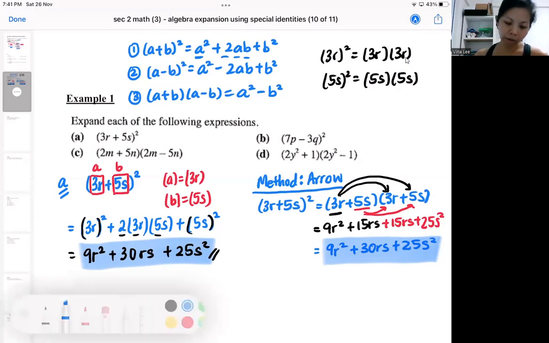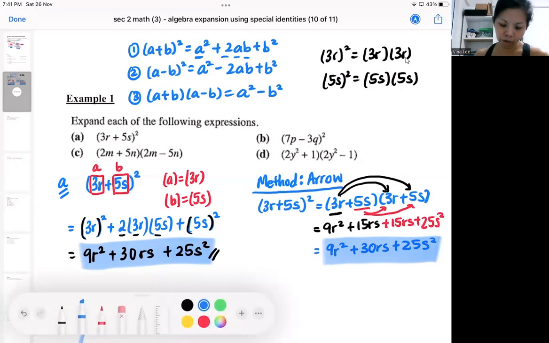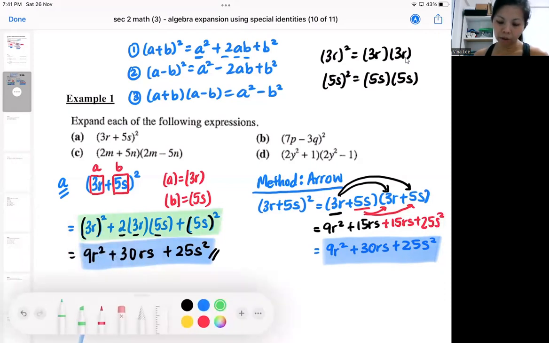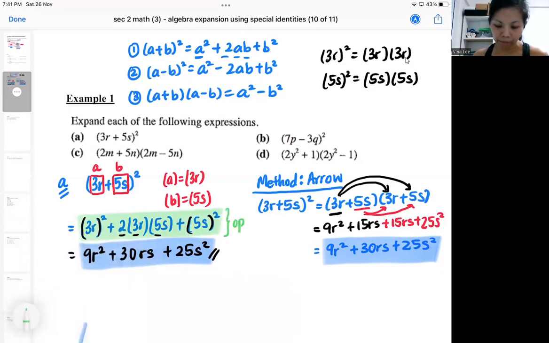I'm going to even tell you that this working is actually optional. If you are very good with the formula, in your head, you can directly give the answer. And when you directly give the answer, will you get penalized? No, you will not get penalized.